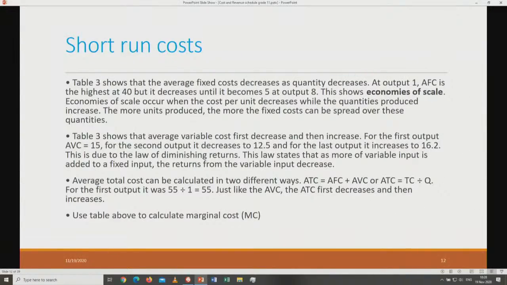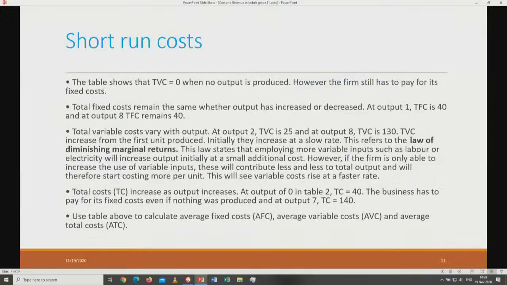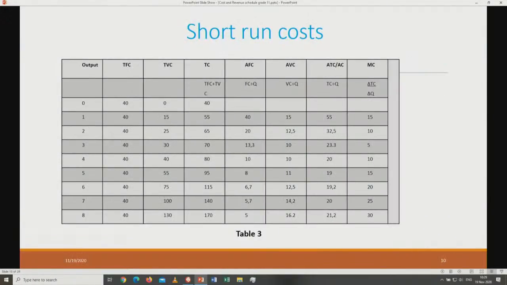Now let's just say, for argument's sake, going back to the table above, at output number 1, your average fixed cost is the highest, which is 40, but it decreases until it becomes 5 at output 8. Let's just go back and confirm. At output 8, it becomes 5, the average fixed cost. Here it is. This is the highest.